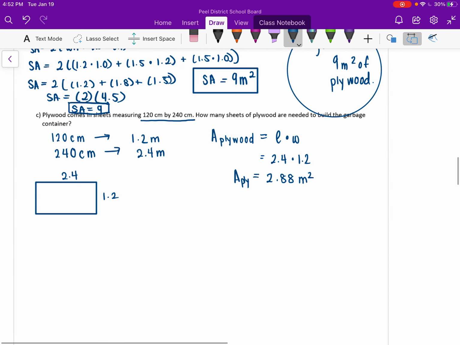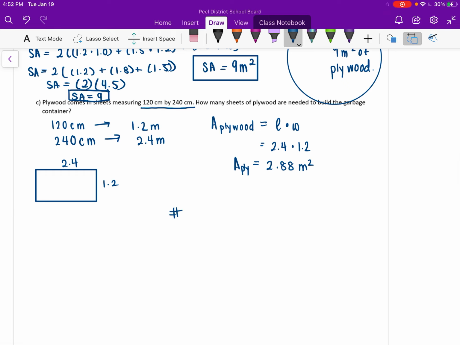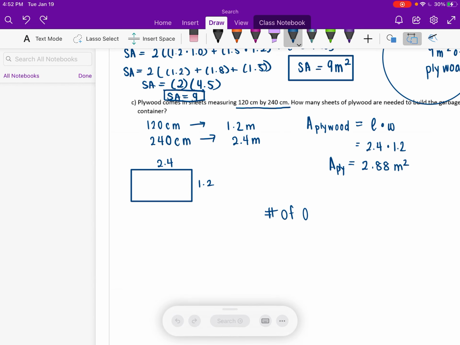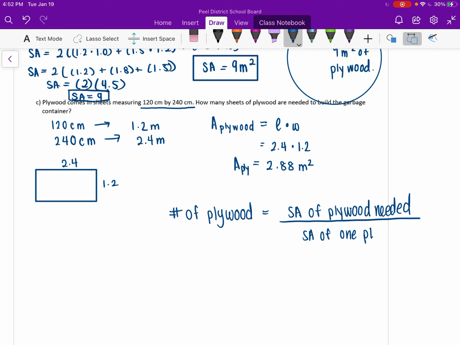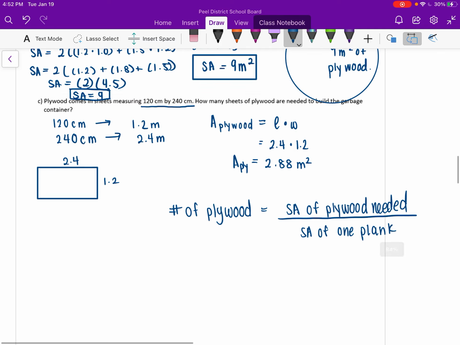I need 9 meters squared in total. So the number of plywood is equal to how much I need, the surface area of plywood needed, divided by how much each one is, the surface area of one plank, or sheet, whatever they call them, right?